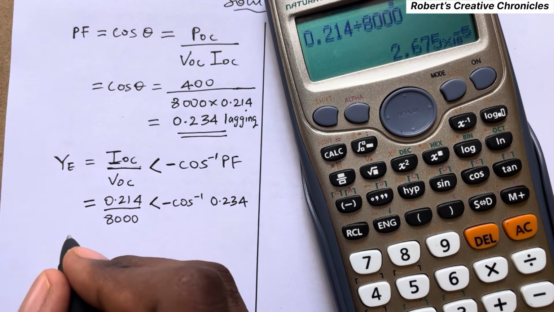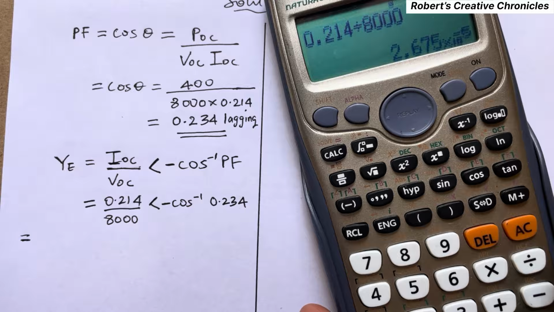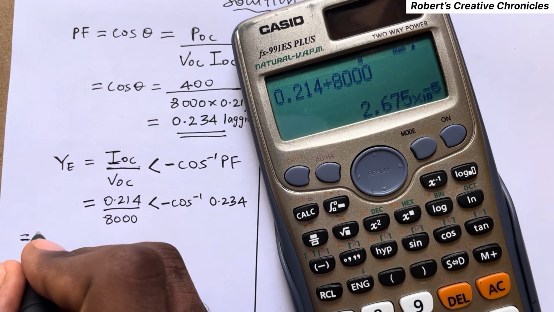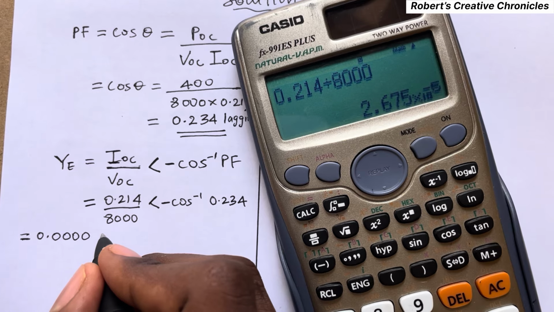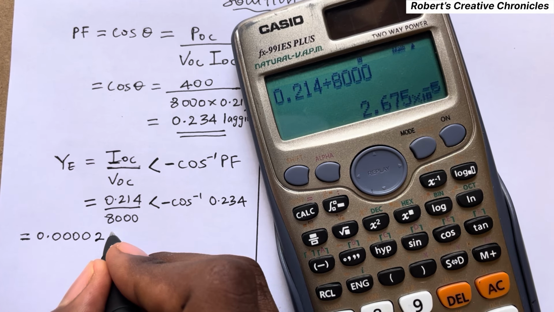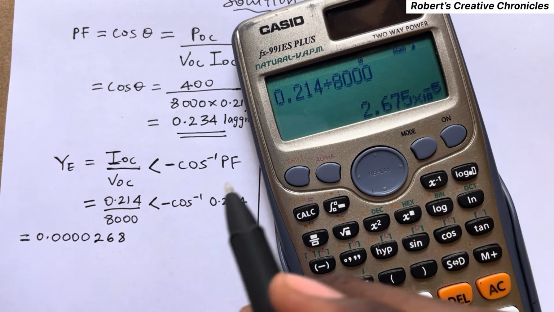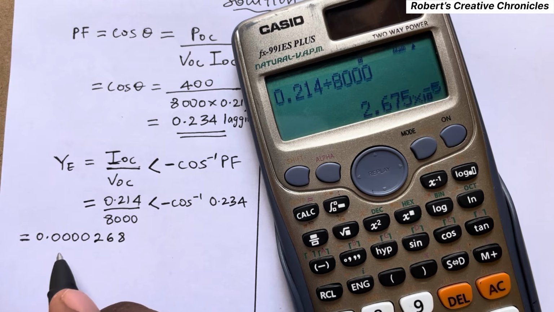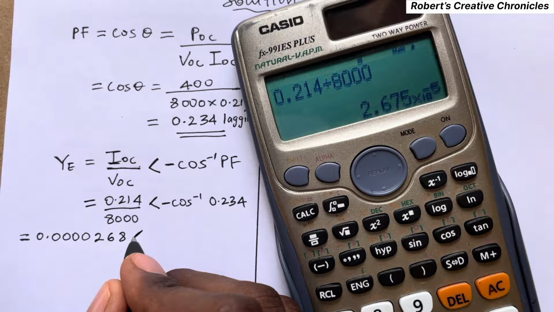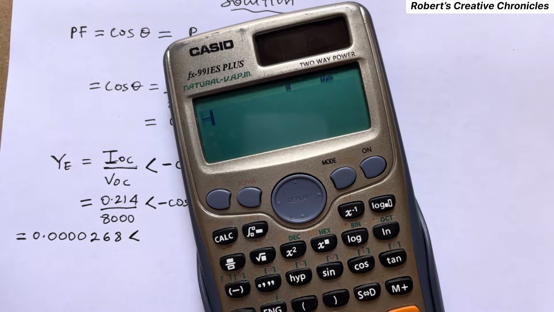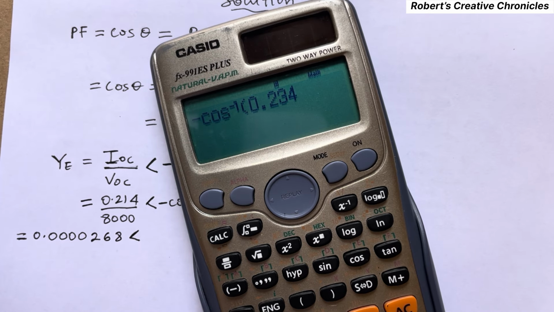So now we can write it. So this becomes 0.0000268, that is approximately 268, with the angle negative cos inverse of 0.234.